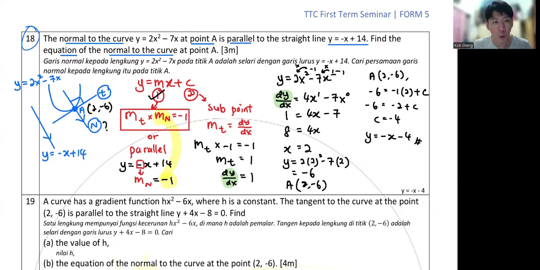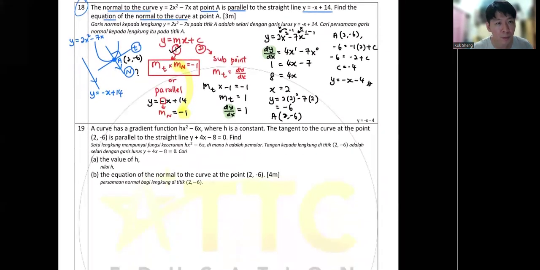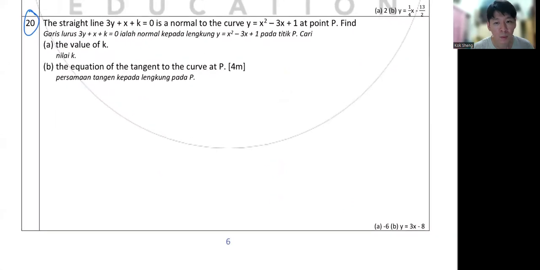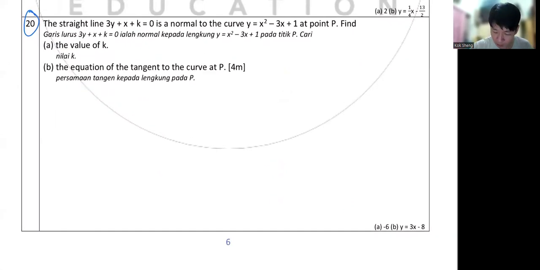Okay, done. Let's go, 20. The straight line is normal to the curve at point P. Okay, so again, I will draw the graph here. The straight line 3y plus x plus k is normal to the curve.